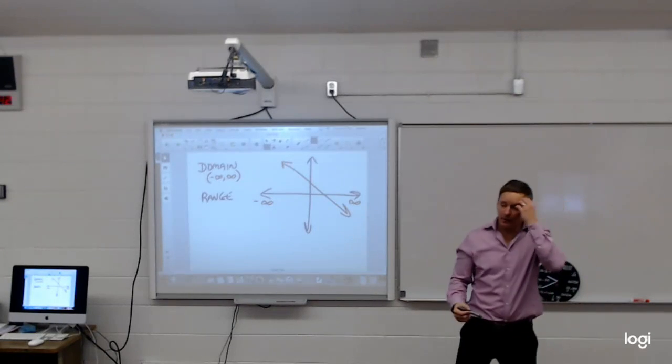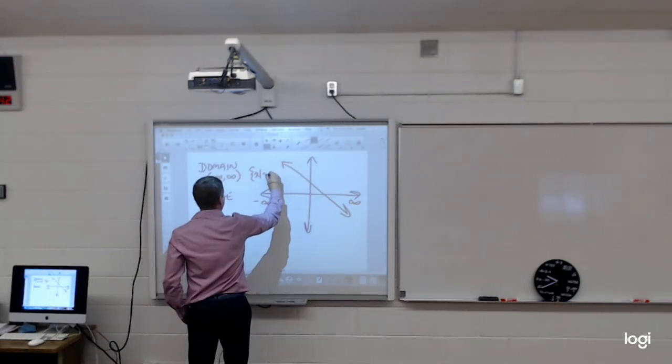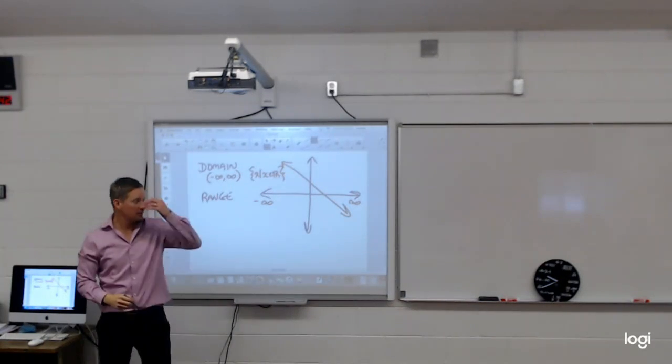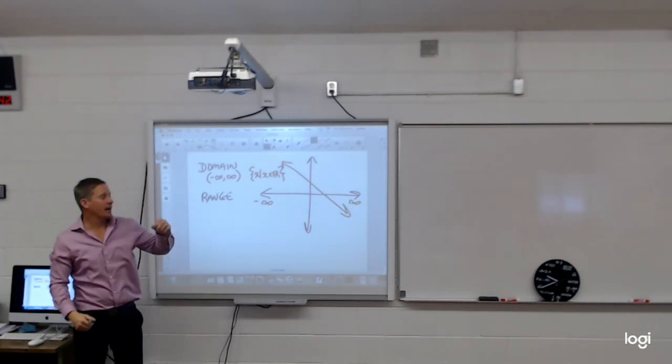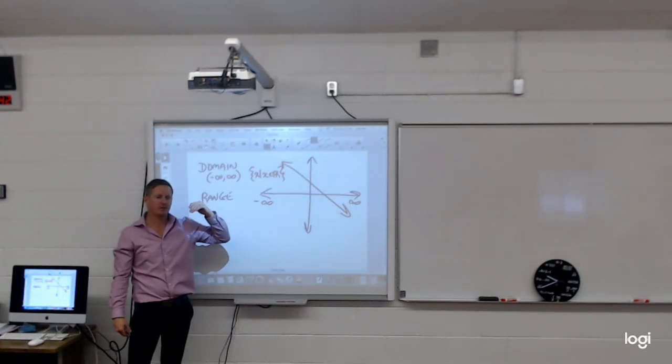The other way I could write it was with squiggly brackets, x such that x is an element of all reals. That's almost every time you have a line.